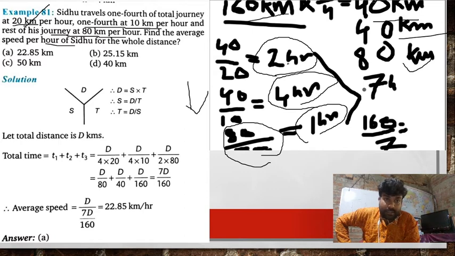Total time is 2, 4, 1... so total time is 7 hours. So the speed is total distance 160 by 7.